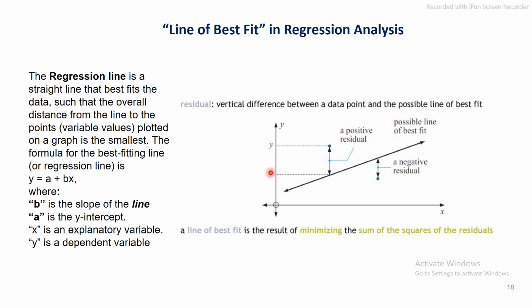Ultimately the line of best fit keeps minimizing the difference between the actual and predicted value. The line of best fit is the result of minimizing the sum of the squares of the residuals: y1 minus y1 cap plus y2 minus y2 cap, and so on. If you have many data points, it will square them up and minimize, and this will give you the line of best fit.